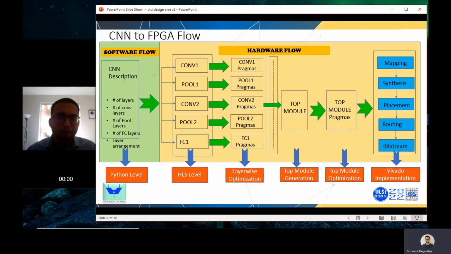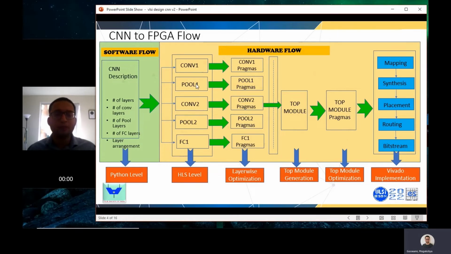In the hardware, for inference of the CNN, we define our own CNN architecture based on the dimensions given by the GPU. So we create our convolution layer, pooling layer, and fully connected layer. During the hardware implementation part, we optimize each of the functions.